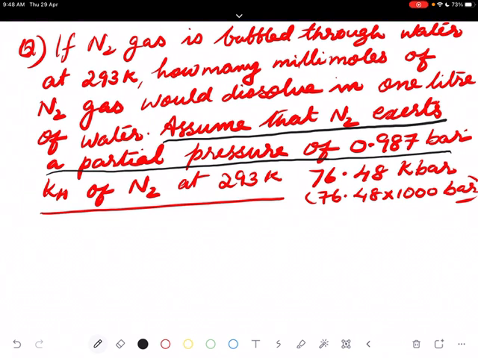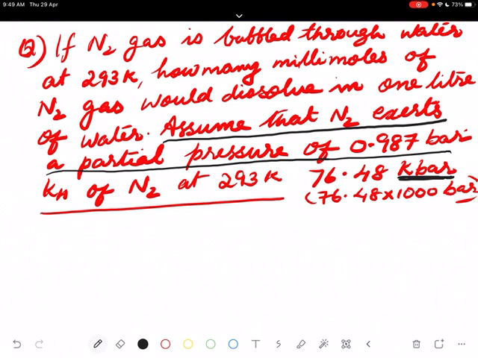So, common form: see KH, look at this KH unit, pressure that is in the numerator. That means here the concentration is in mole fraction only, that's why the concentration unit is not visible here. In the previous question there was molar, but here there is no such term. That means it is in the mole fraction format only.